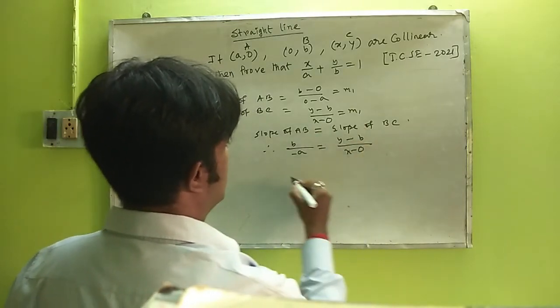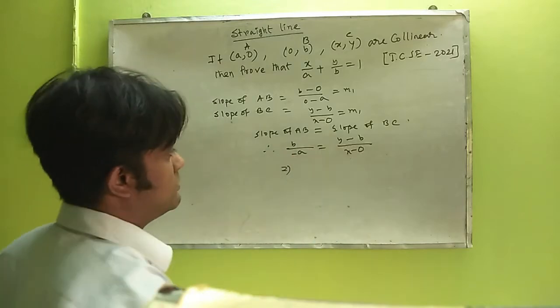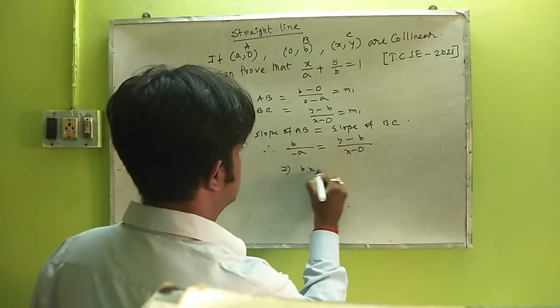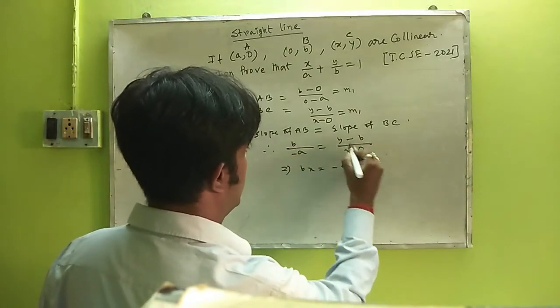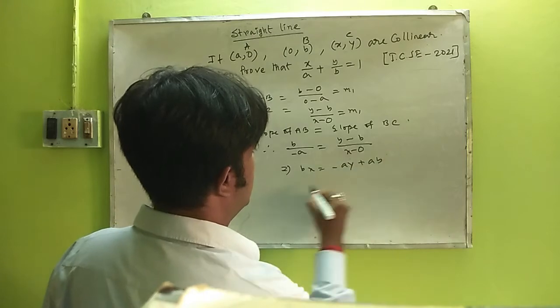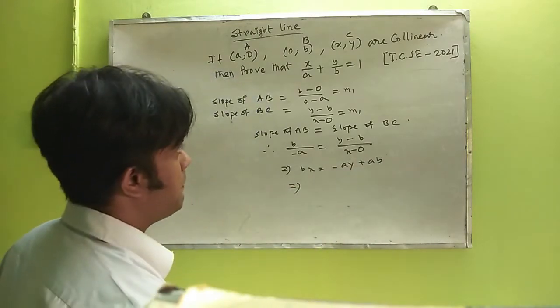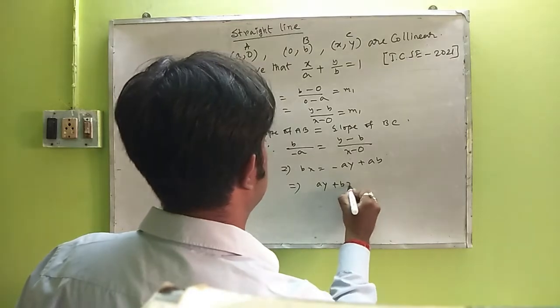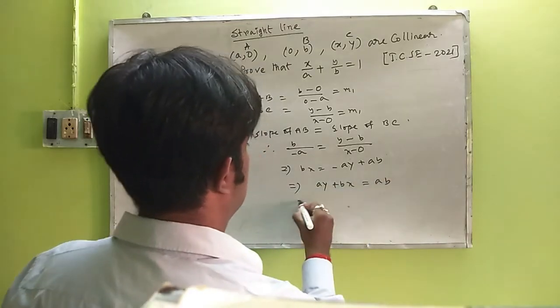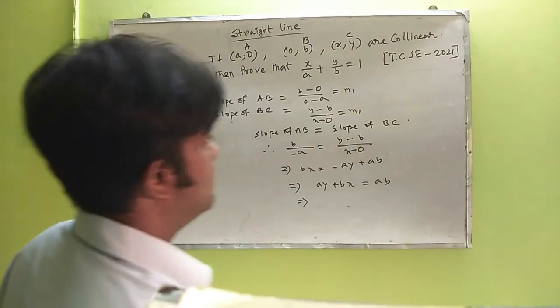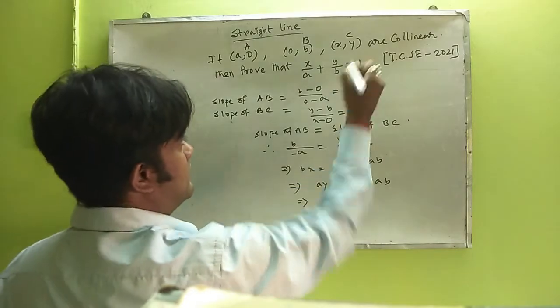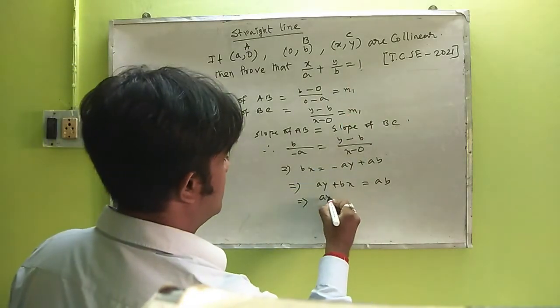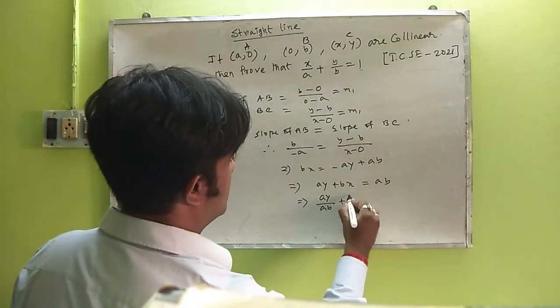Now cross multiply. Bx is equal to minus ay plus ab. This will be ay plus bx is equal to ab. So to prove it equals 1, divide by ab.